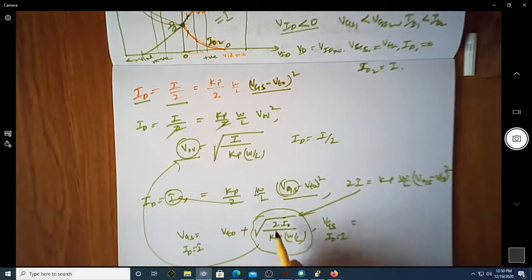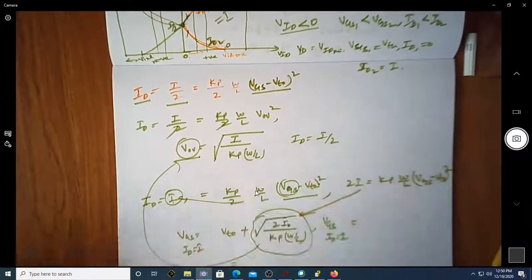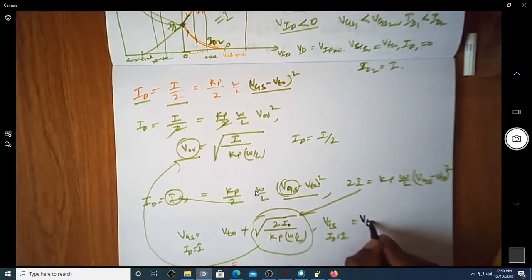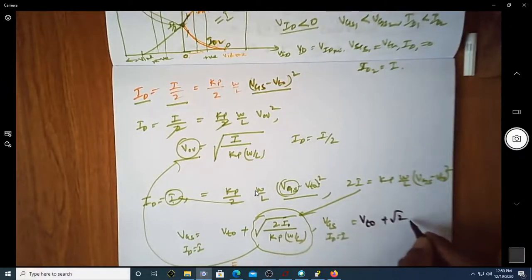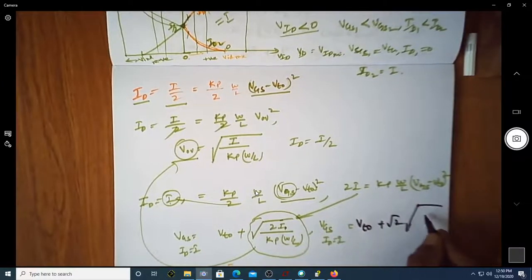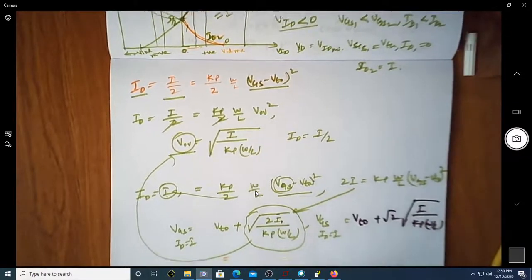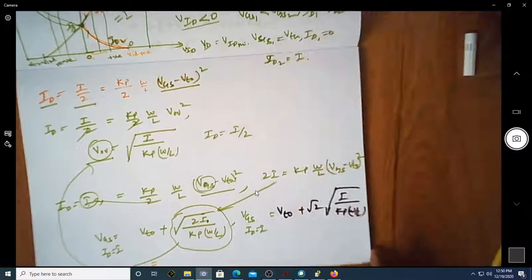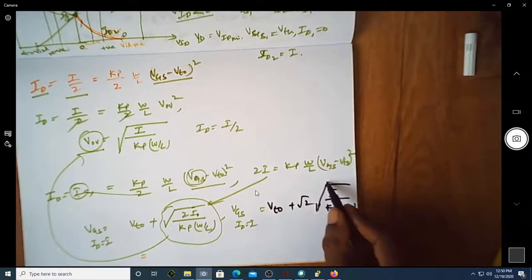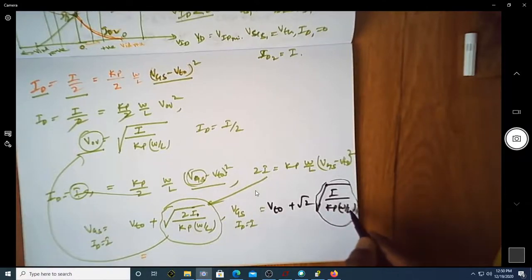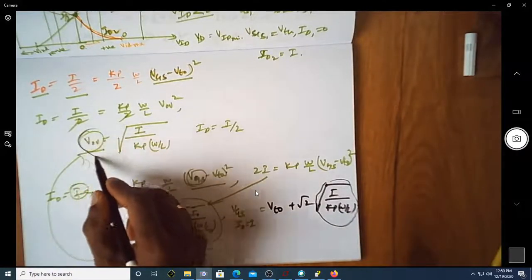Now I will rewrite this as VTO plus, taking root 2 outside, the square root of I by Kp W by L. See now, this is the expression. But what is actually this term? This is the square root of I by Kp W by L. Is it not equal to VOV?